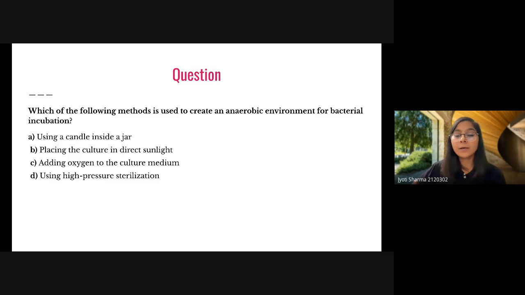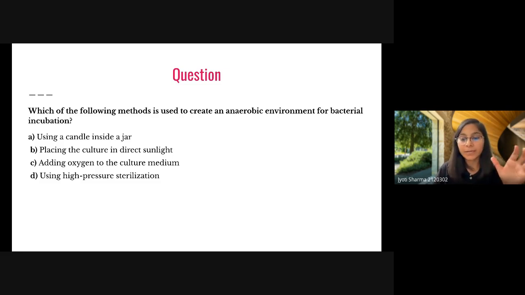Okay. For example, if we need an anaerobic condition where we do not need oxygen in some of the media, how can we create that anaerobic environment for bacterial incubation? We have four options: using a candle inside a jar, placing the bacteria in direct sunlight, adding oxygen to the culture medium, and using high pressure sterilization.